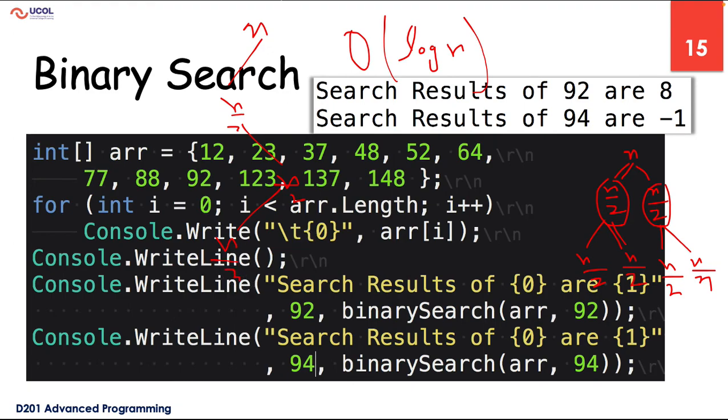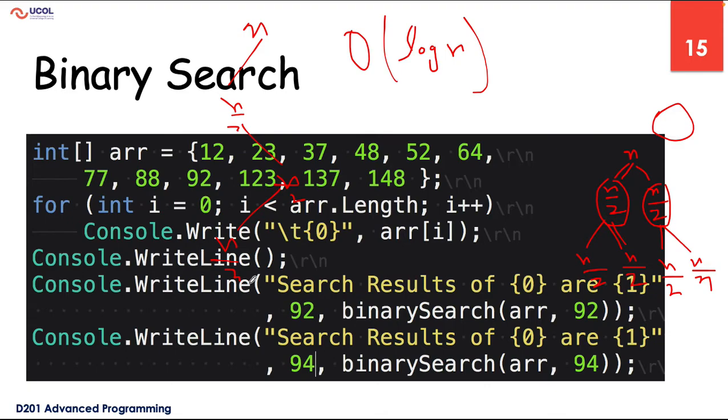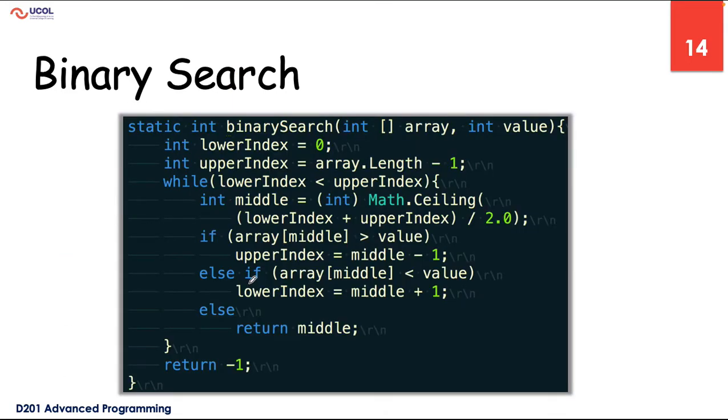This is the case where we are unable to find it, so this is the maximum possible number of times we execute this while loop. If we have a binary tree, this is a binary tree.